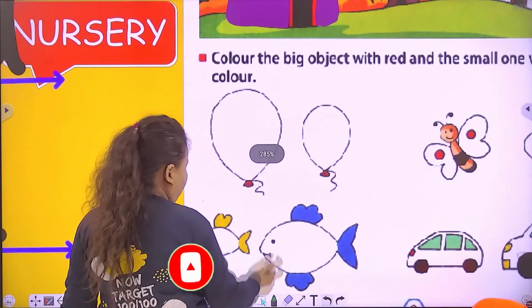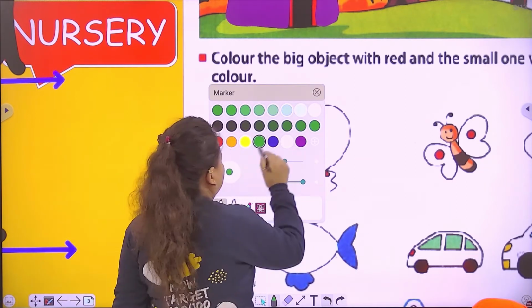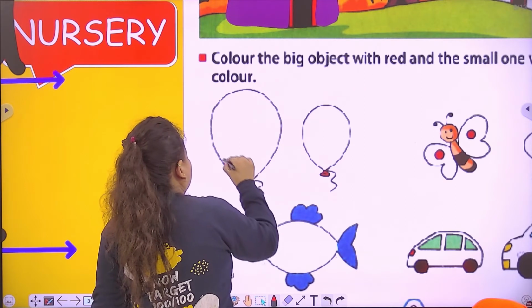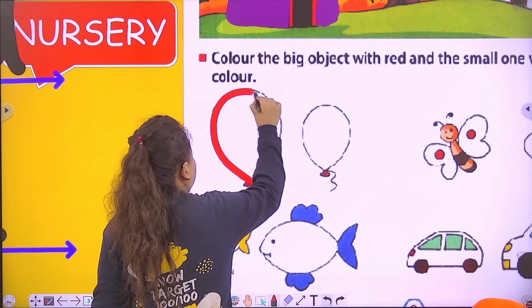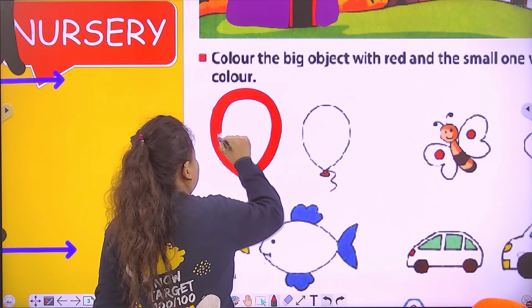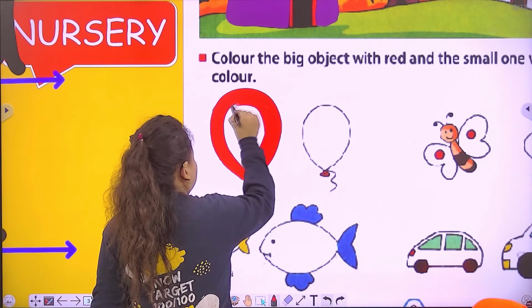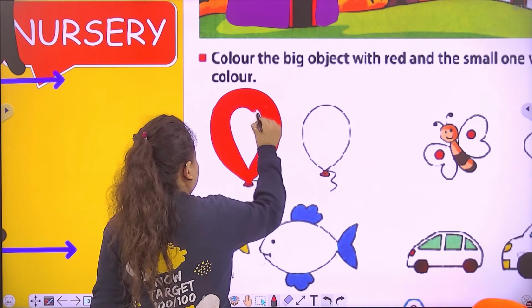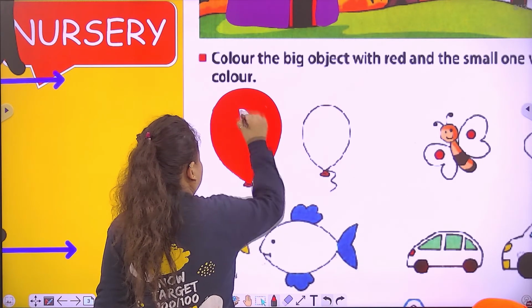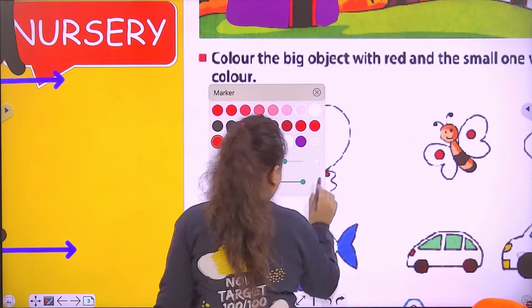So जो big car है उसे हमें color करना है with red. This balloon is big. And this balloon is small.